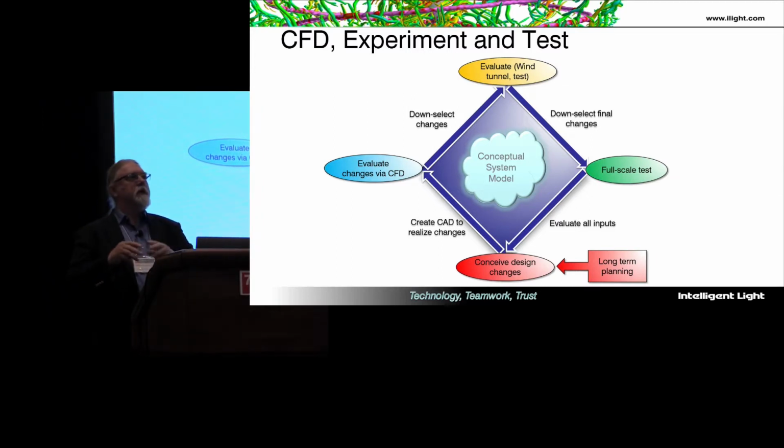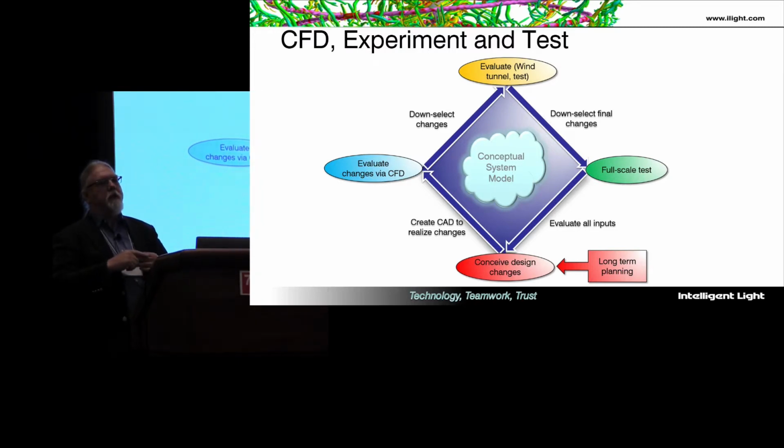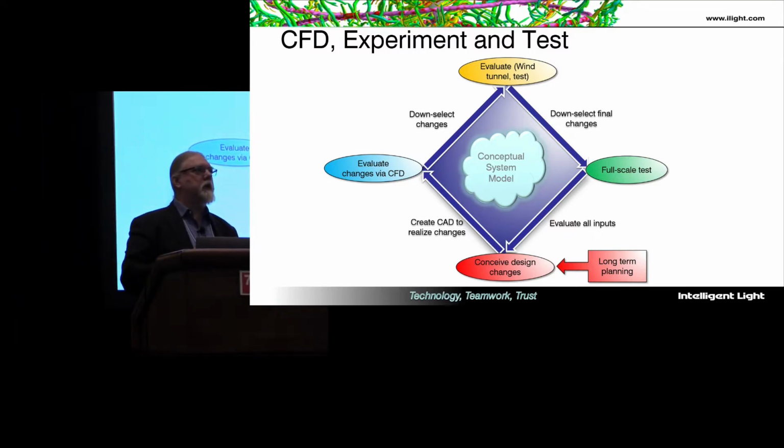If I make the wings fatter, this will happen, or if I make the tires wider, this will happen. And one of the things that we're really interested in is, how can machine learning impact the conceptual system model so that you can actually use that to guide which geometry choices you are going to make ahead of time? That seems to be a really interesting chance to leverage machine learning against engineering.